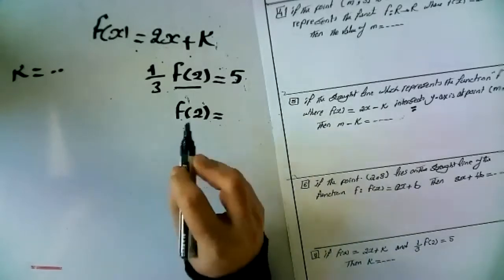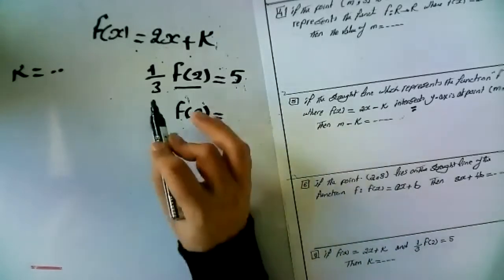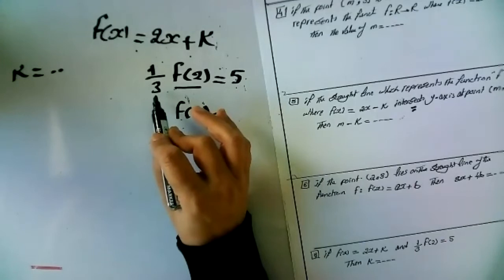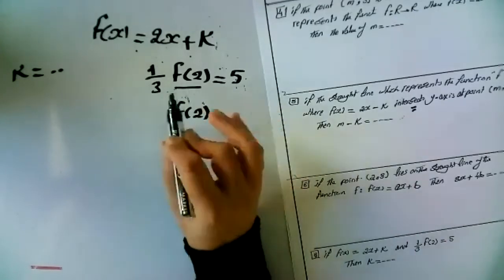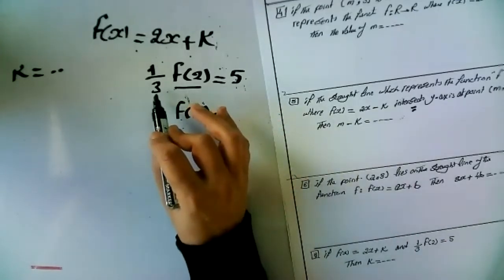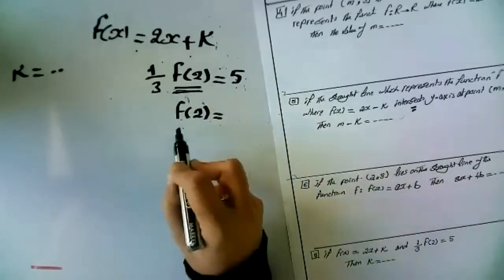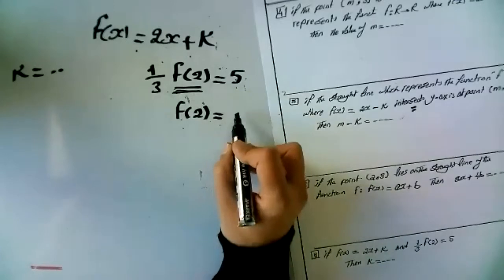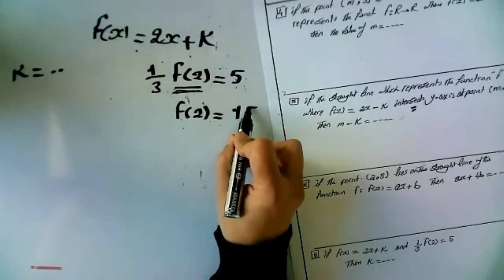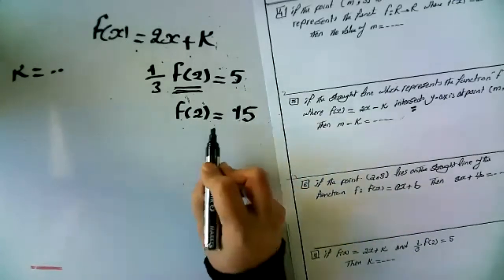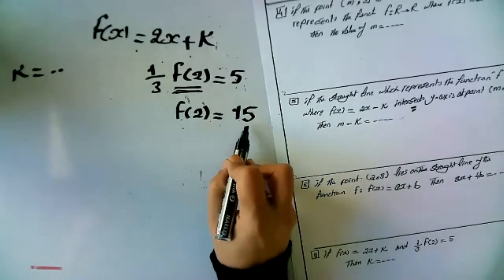f of 2 equals 5 divided by 1/3, to get the value of f of 2 only. 5 divided by a third equals 15. Then f of 2 equals 15.